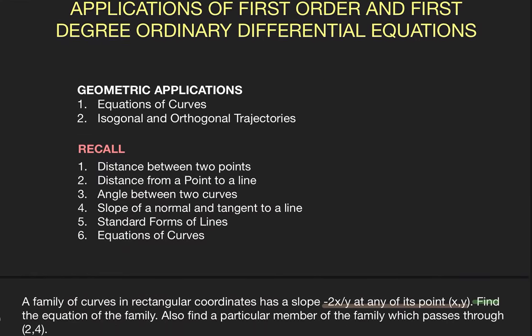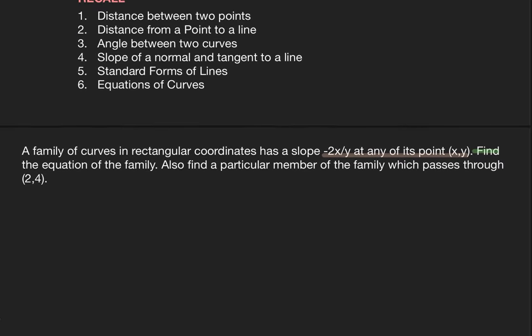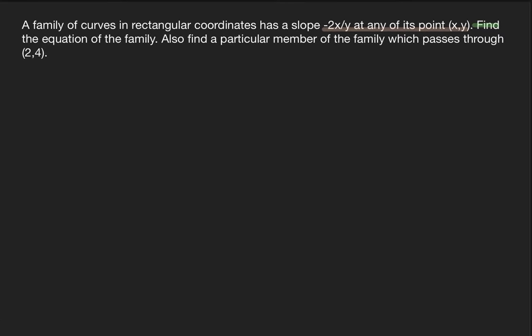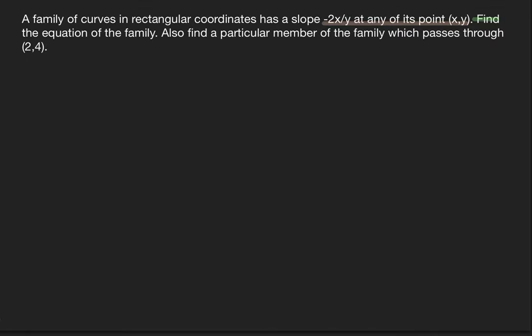So for example, we are to solve the given problem. We are to find the equation of a family of curves in rectangular coordinates that has a slope negative 2x over y at any of its point xy. Also, we are to find a particular member of the family which passes through the point 2, 4.